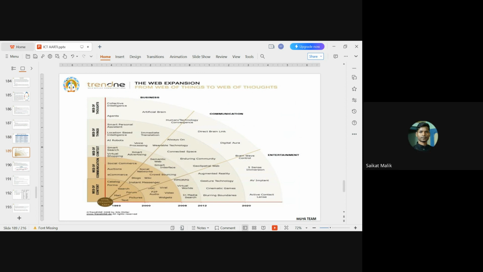Yes, ma'am. ChatGPT is an example of Web 4.0, where your machine understands what you want and gives you the answer very quickly.